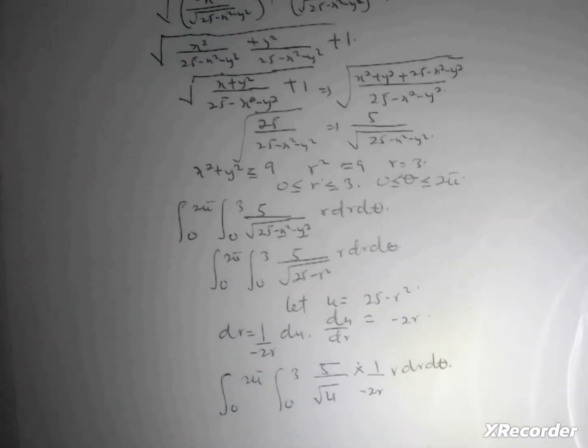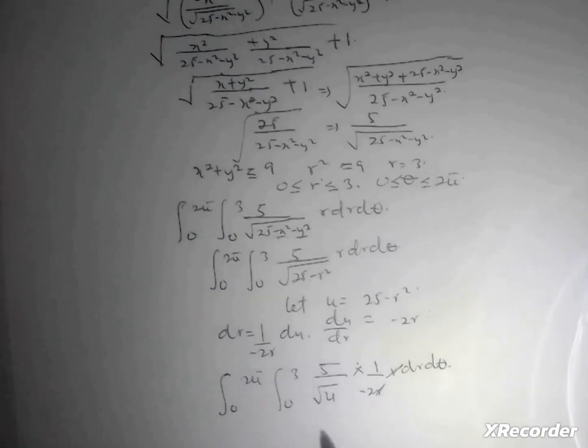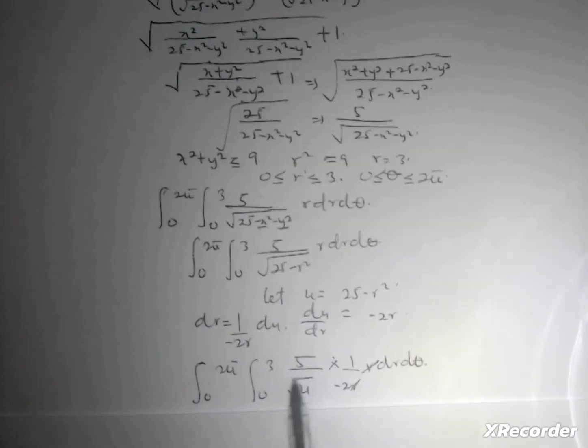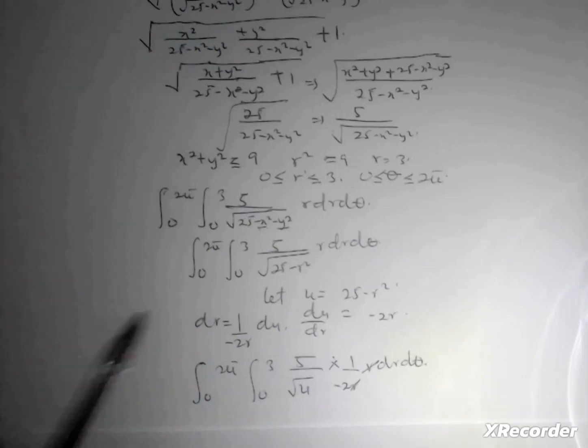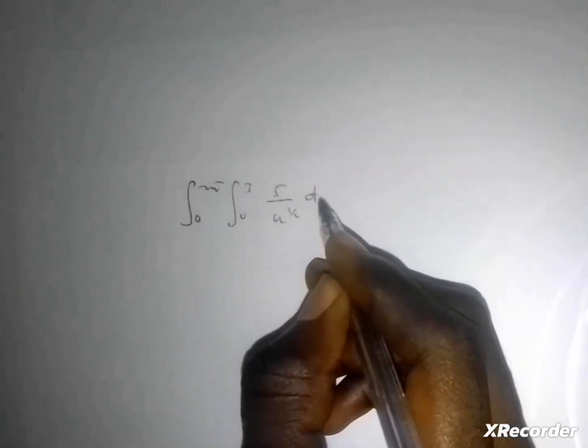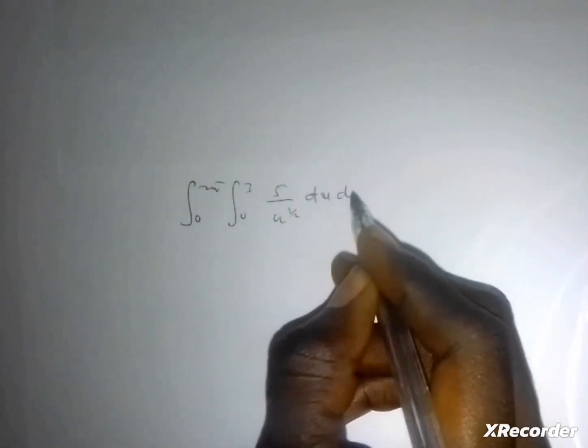Yes. So at this point, my r will cancel this r, and I'm going to be left with the integral 0 to 2 pi, integral 0 to 3, 5 over u to the half, then the du d theta.